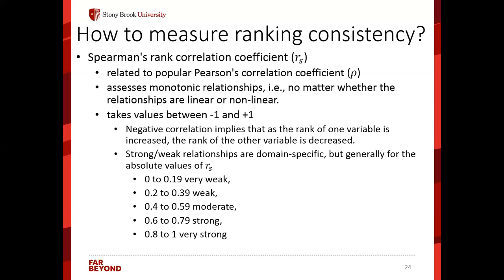And there is no table that tells you which values are a good correlation. It's very domain specific, but we looked at a few sources, and we used the notion that 0 to 0.2 is very weak, going in 0.2 increments, and 0.8 to 1 is very strong, and so on.